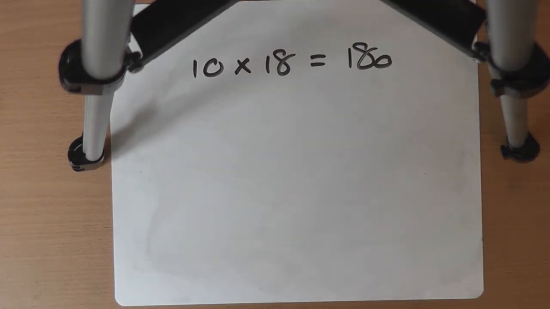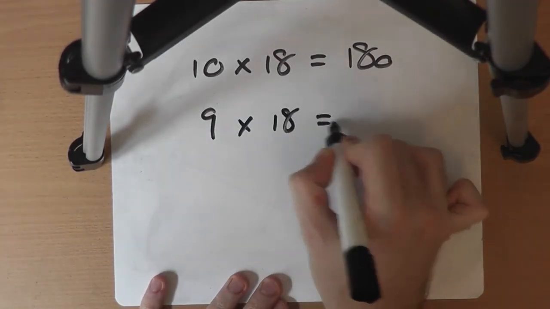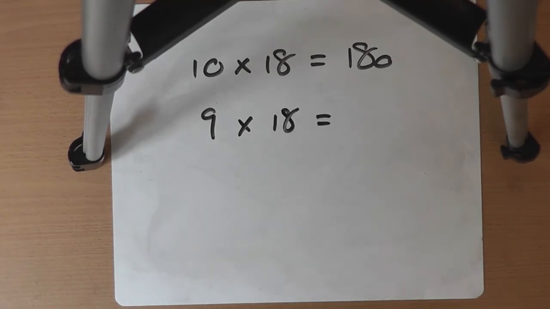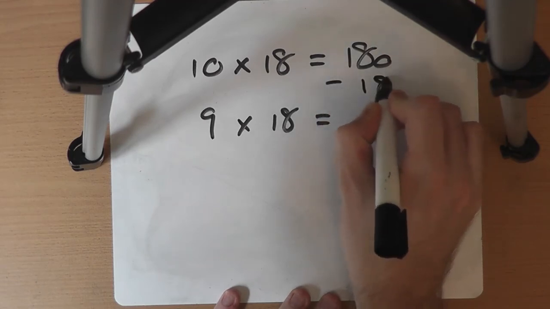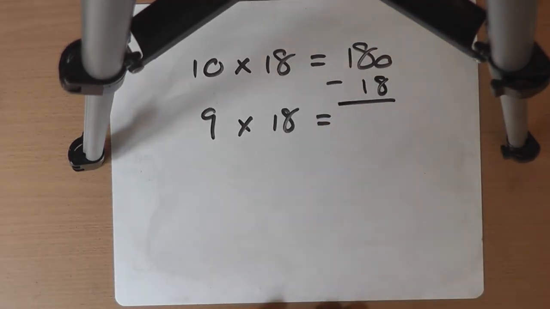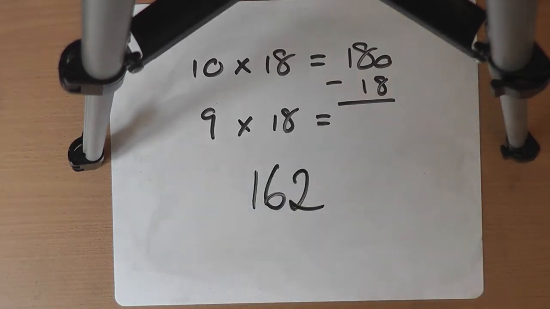If we know that 10 times 18 is 180, we could easily work out 9 times 18 without having to work it out using a proper long method maybe. 10 lots of 18 is 180, 9 lots of 18 will be 1 lot less, as in 180 take away an 18. And if we were to do that, we would find 180, well, take away 10 is 170, take away 8, 162. And 9 times 18 is 162.